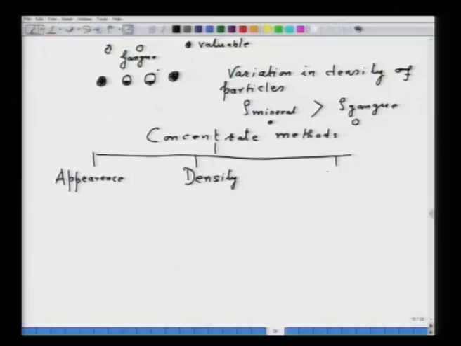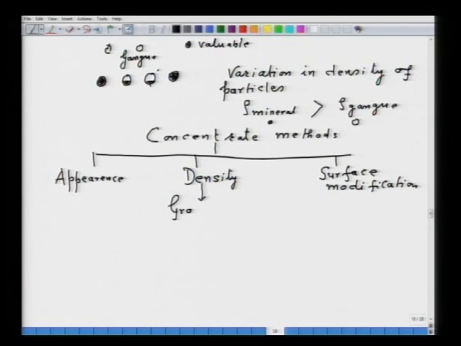Another method very popularly done is surface modification. Now, just to give you a little bit idea of various methods, the density methods are called gravity concentration methods.